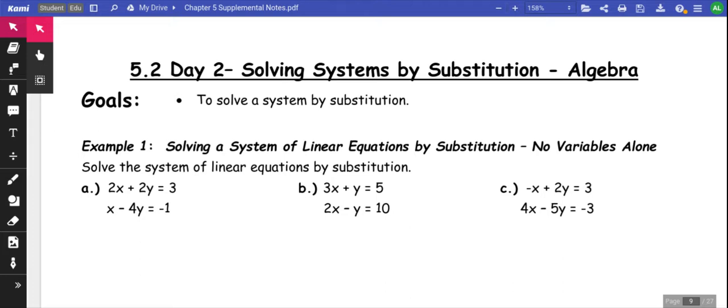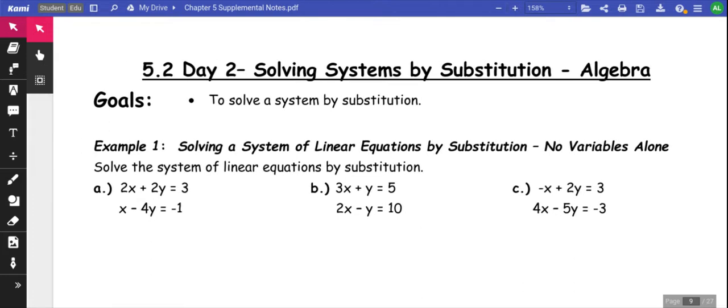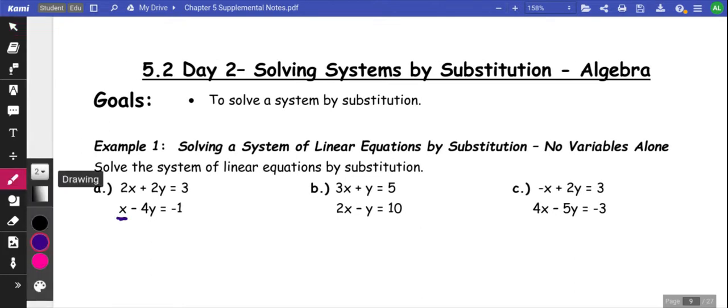So the easiest way to do that is first to pick out, okay, see if you can find variables that don't have coefficients. It's even better if it's not a negative, but if it has a negative, that's not too hard to fix.